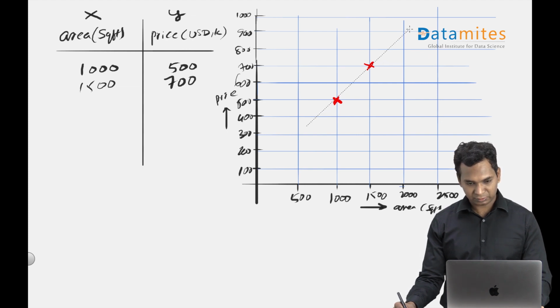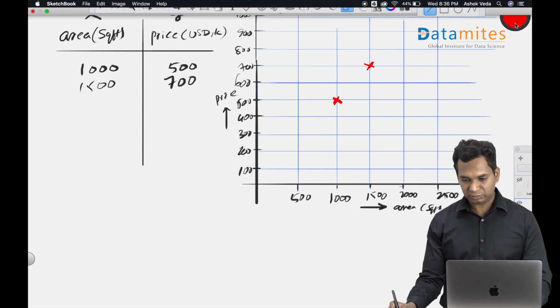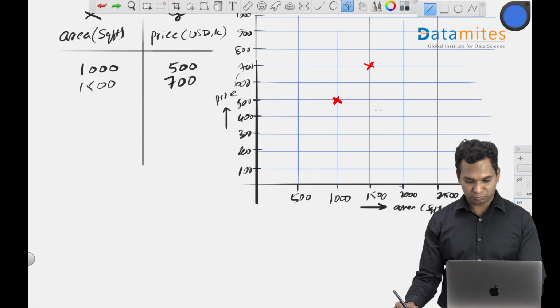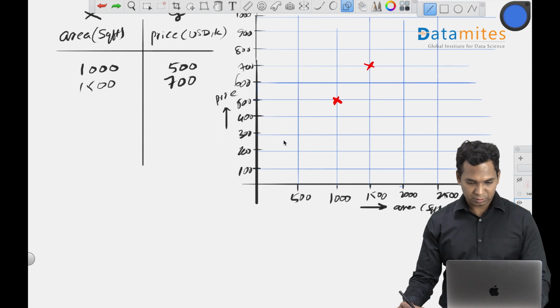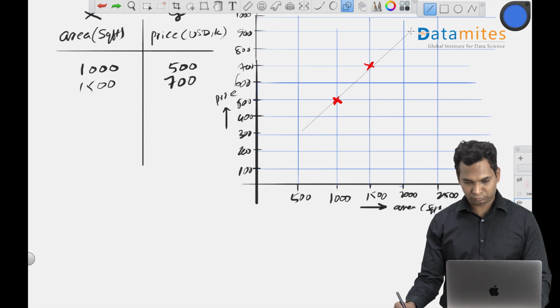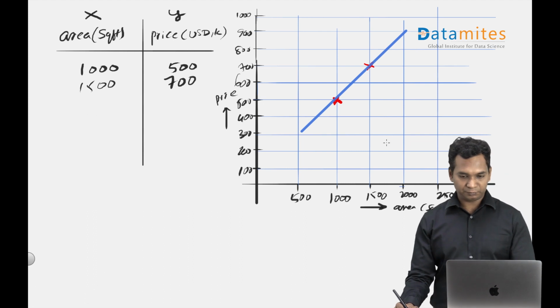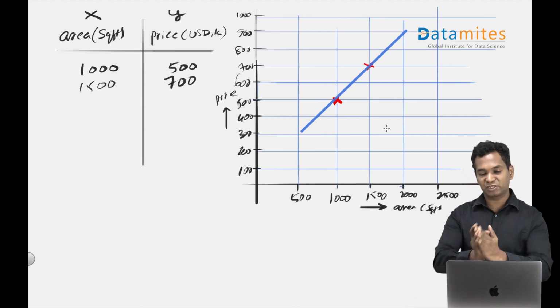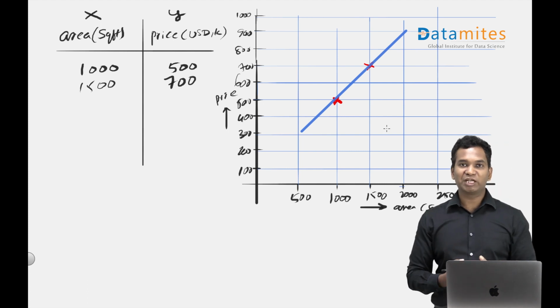Let me take a different color. Okay, so that's your line. And what's the benefit of drawing a line? Because now this line passes through the two points we have, we can use it for prediction.